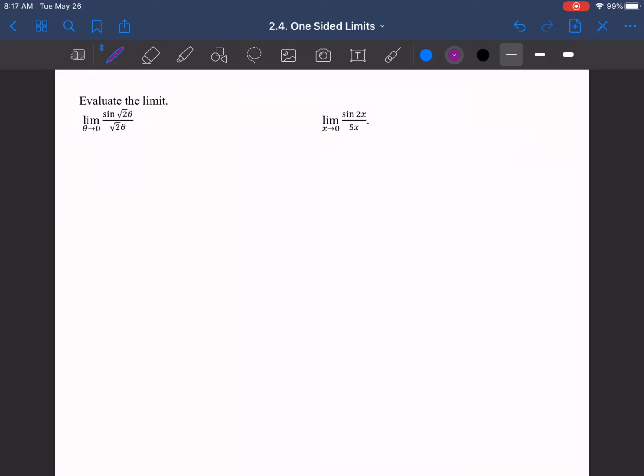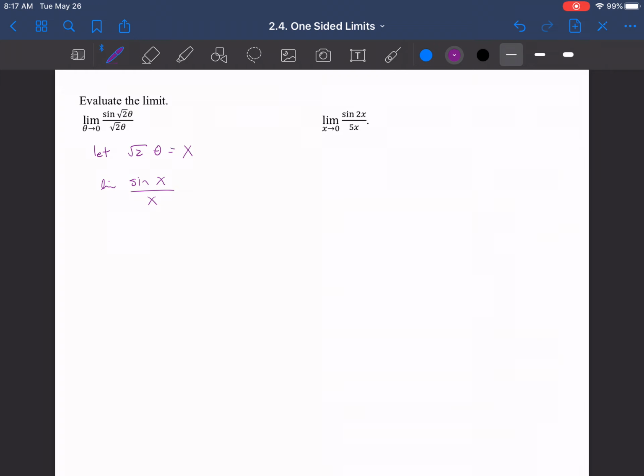So let's evaluate these limits here. If we take a look at this one, we have the sine of the square root of 2 theta over the square root of 2 theta. Well, remember, sine of theta over theta, if we take the limit as theta goes to 0, is going to be 1. Well, if we say let square root of 2 theta equal something like, we'll just put x, then we can rewrite this as the limit of the sine of x over x, like that.